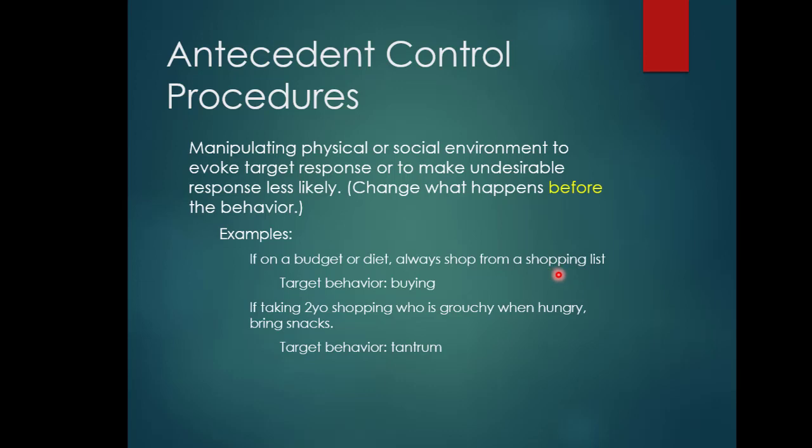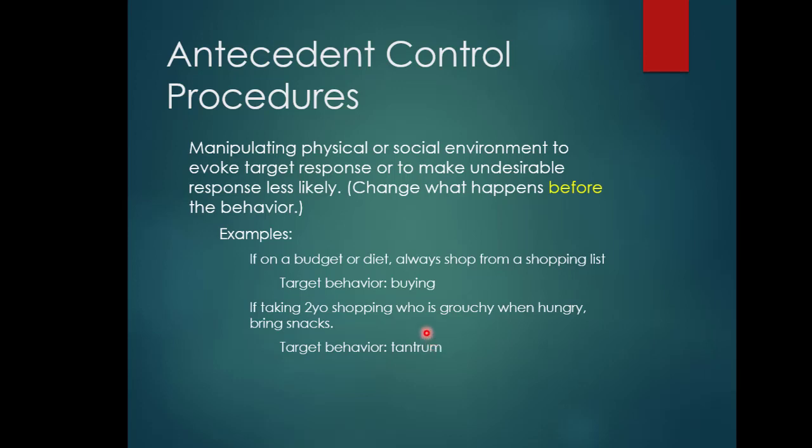That's something that you're going to have before the behavior of going out and shopping. So if you have a shopping list and a rule that you only buy things from your shopping list, that's going to increase the chances that you're going to be purchasing the foods that you want to buy, and decreasing the chances of either buying unhealthy foods or just running amok in the grocery store and spending a lot of money and buying things you don't really need.